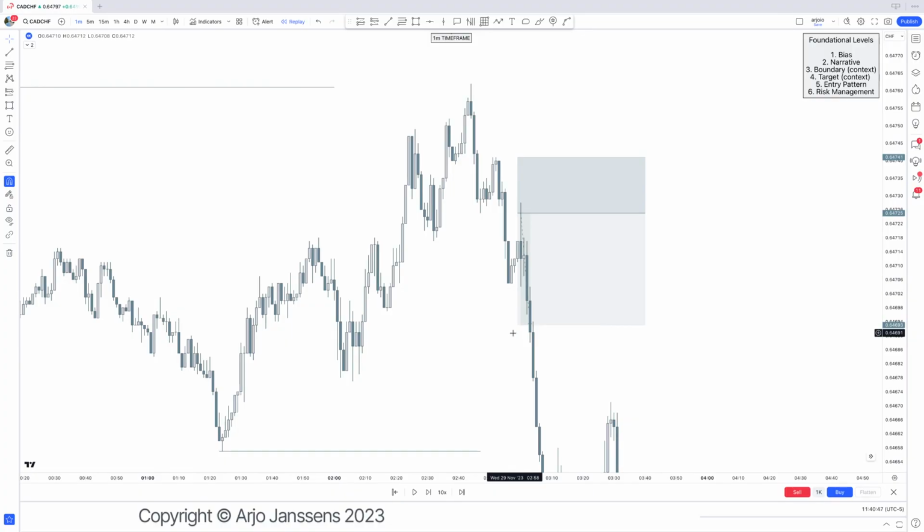Now, here it is important to understand, just because you're using the 1 minute time frame does not mean that you are now all of a sudden allowed to target further. I've seen this before, and I see this happen quite often, where people think, but I'm using a 1 minute entry, so I should be able to have a further target right there.